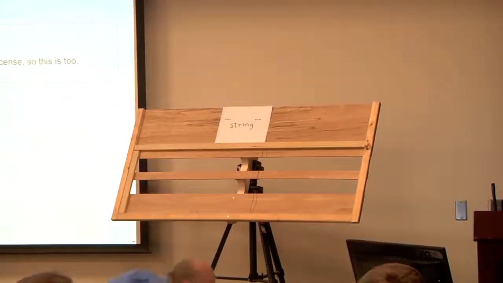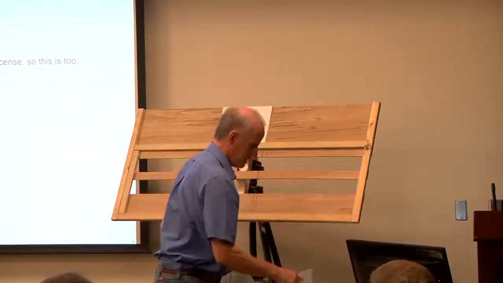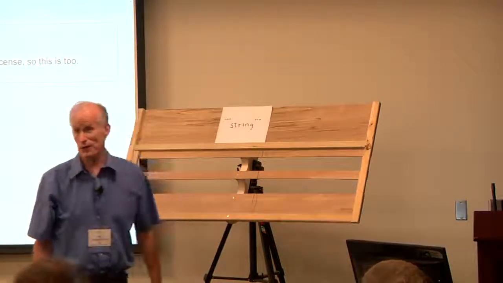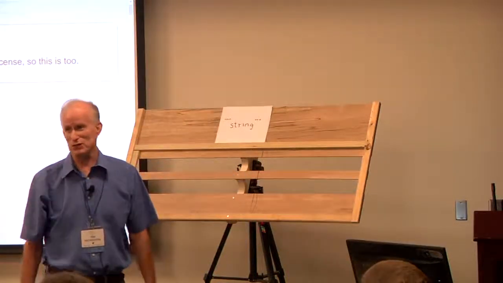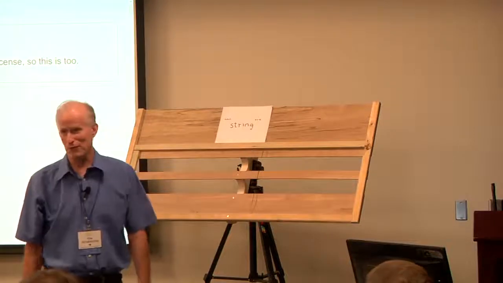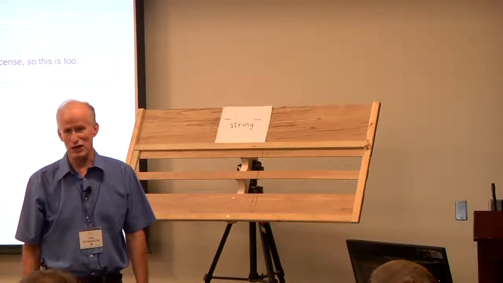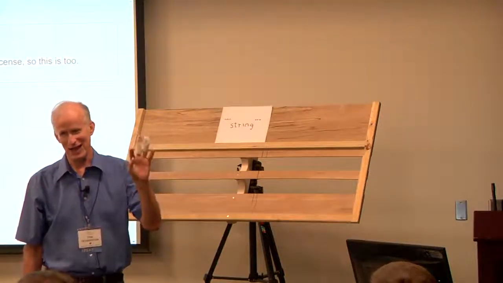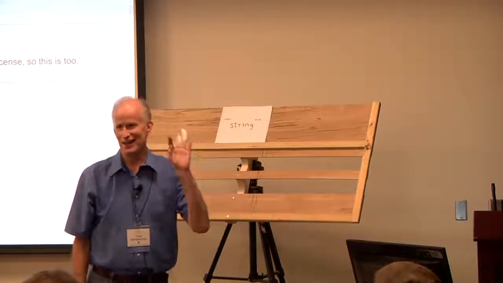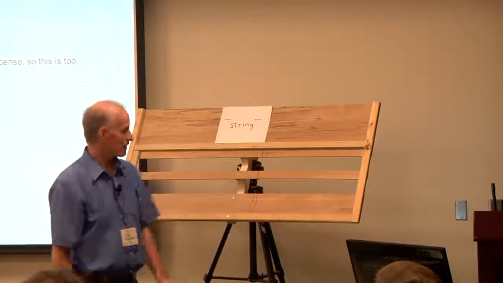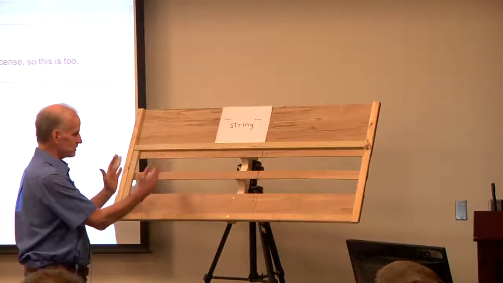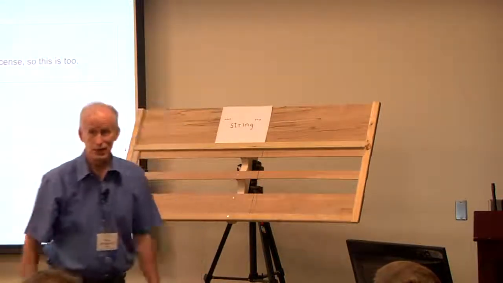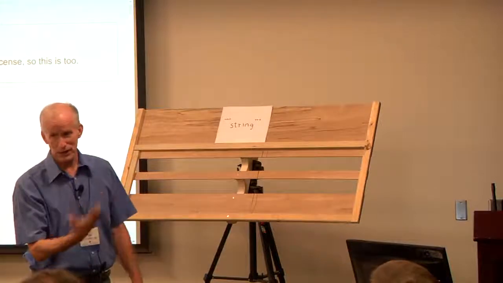Now, this model was going to be more involved, but unfortunately, I got to start this talk with a public service announcement. Don't mess with table saws late at night. So this model is supposed to have little tiles to represent the characters in the string that I'd be demonstrating.